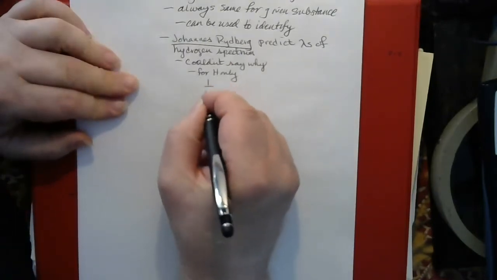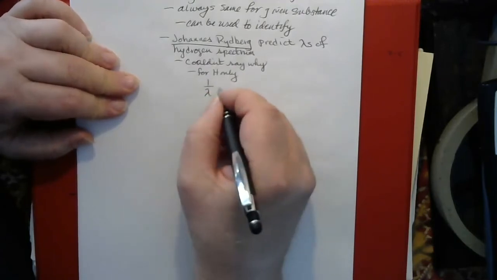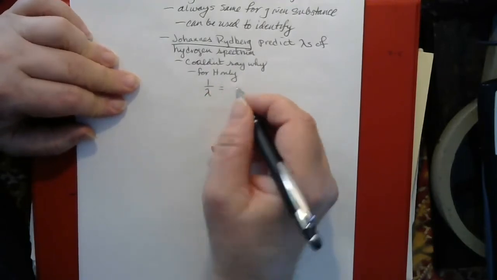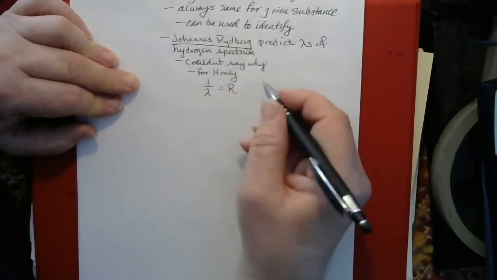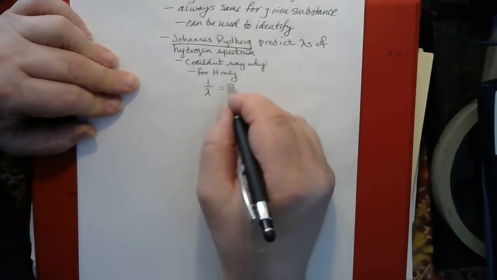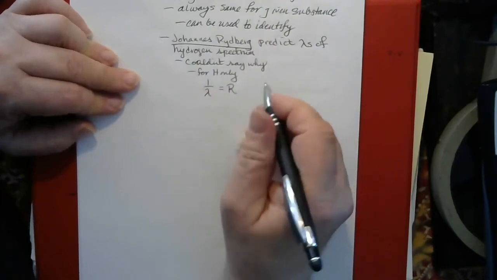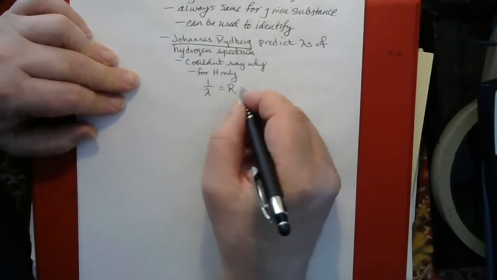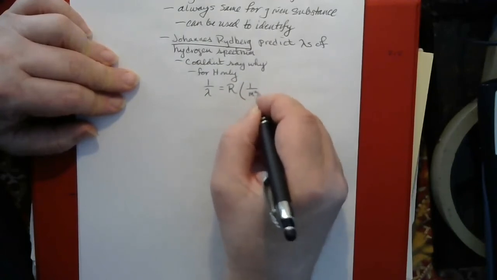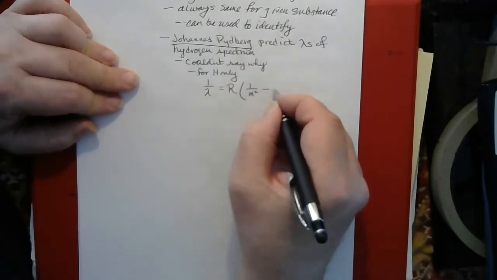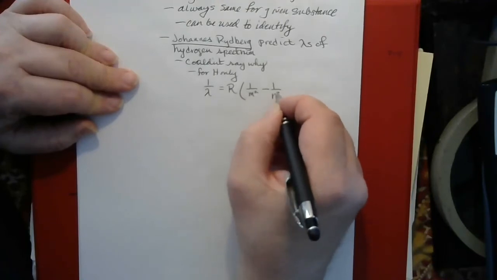But anyway, he predicted that 1 over the wavelength for each given line of hydrogen would correspond to what we call capital R, which is known today as the Rydberg constant, times 1 over some integer squared minus 1 over some other integer squared.